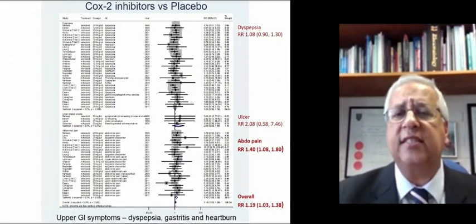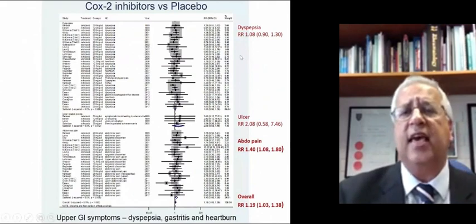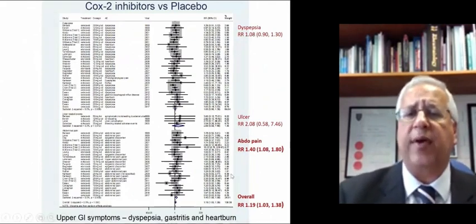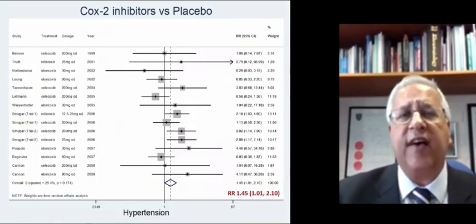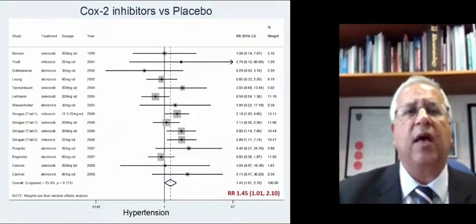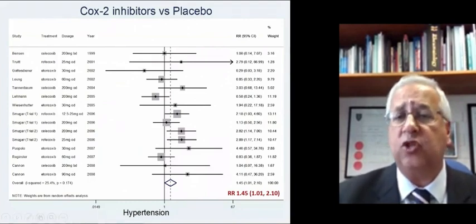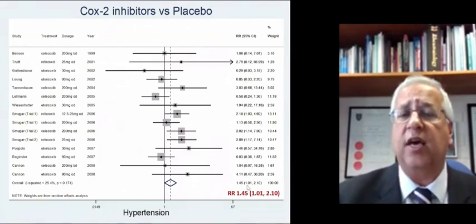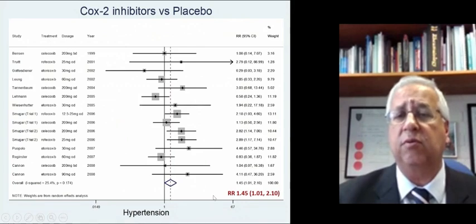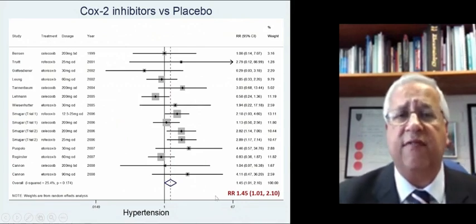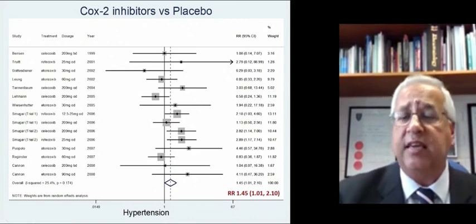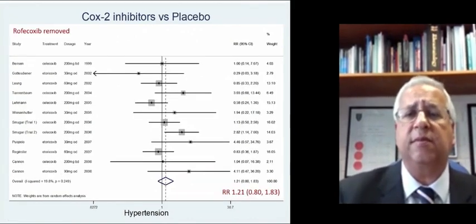So for upper GI symptoms, no surprises, except that in addition to dyspepsia and ulcer, abdominal pain was also apparent. For cardiovascular adverse events, we found that hypertension, which hadn't emerged in the previous systematic reviews, was a noteworthy cardiovascular complication with a significantly elevated risk, even with the COX-2 inhibitors.